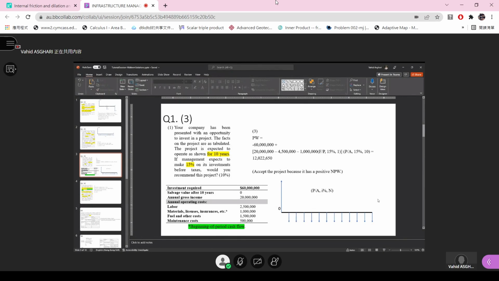So here is what the cash flow looks like. But in this question, it said that it is a beginning of period cash flow. It means that the real cash flow is something like this.